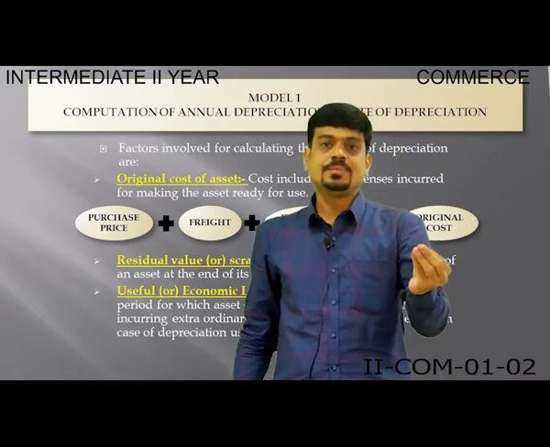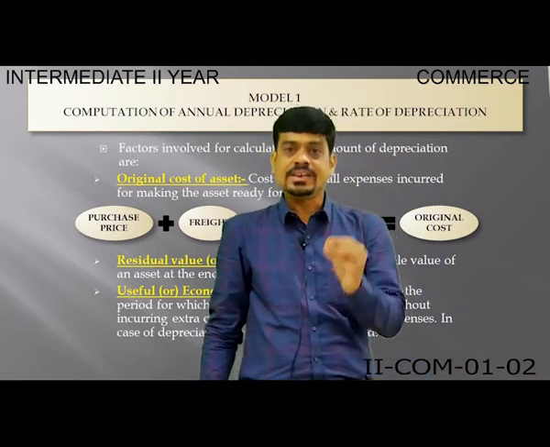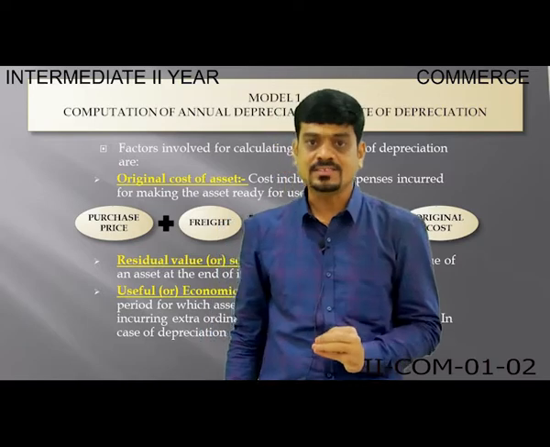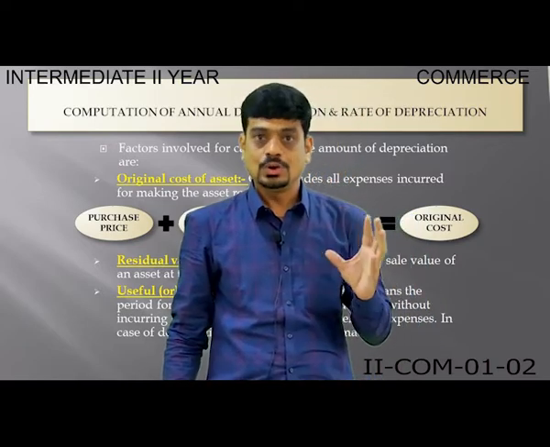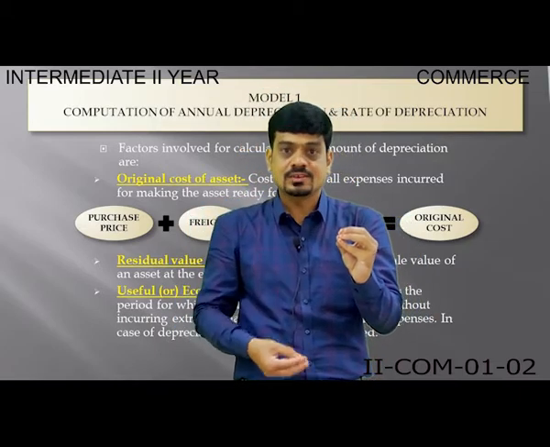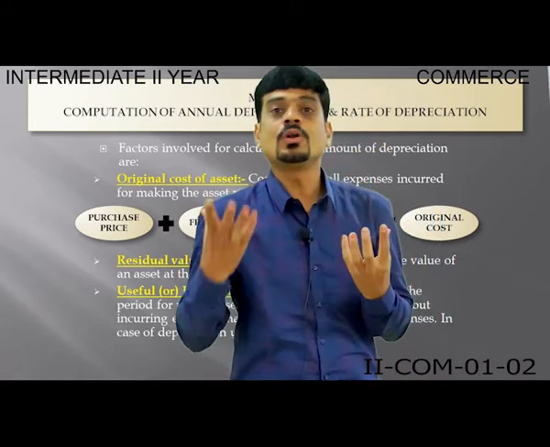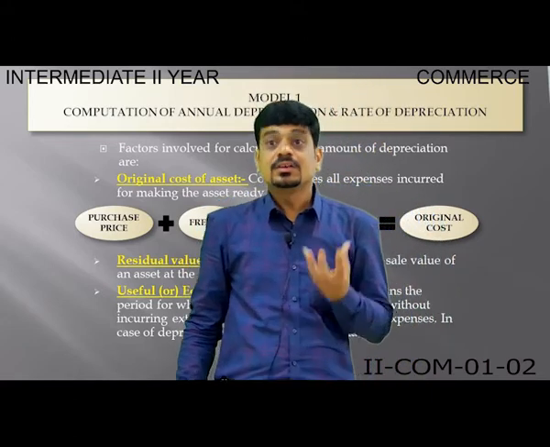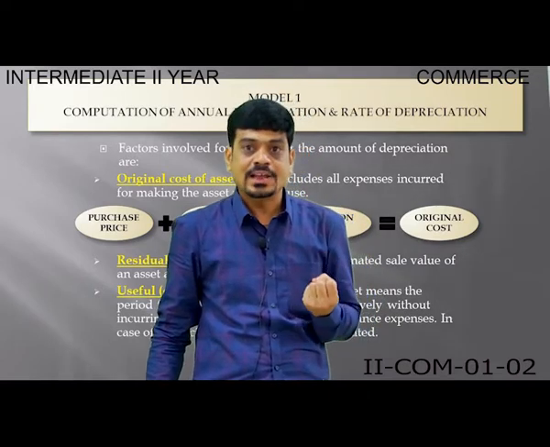For example, if you buy an asset for 1 lakh rupees, after 10 years, if you want to sell it, are we going to get 1 lakh? No, we are going to get an amount equal to peanuts. Today we might have bought it at the rate of almonds, but tomorrow we'll get only peanuts. That amount is called scrap value.